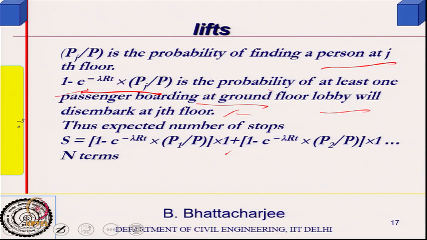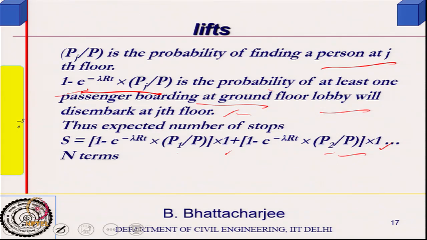This is for the first floor, this is for the second floor, this is for the third, and if I sum all the n terms, I get the expected number of stops. P1 is the probability for the first floor, this one for the third floor. If I find at least one person, then multiplied by 1, that is one stop. This again multiplied by 1, finding one stop.